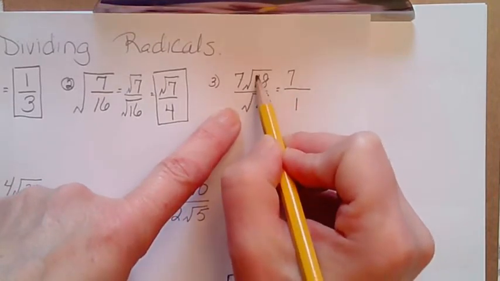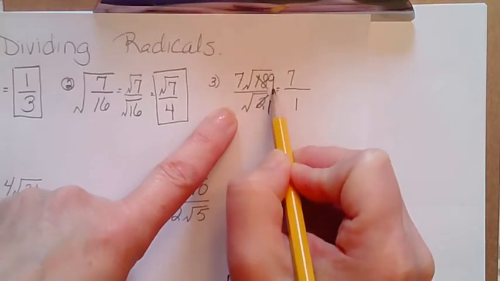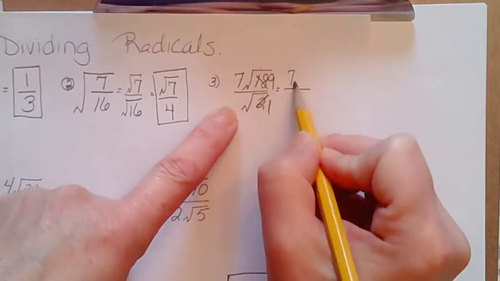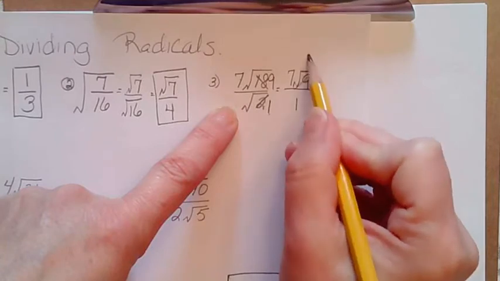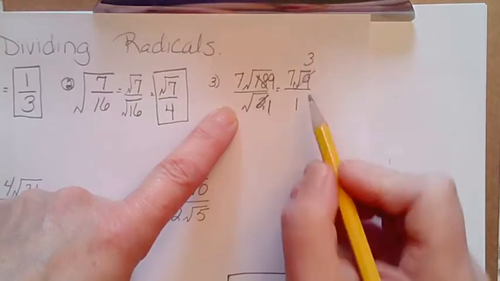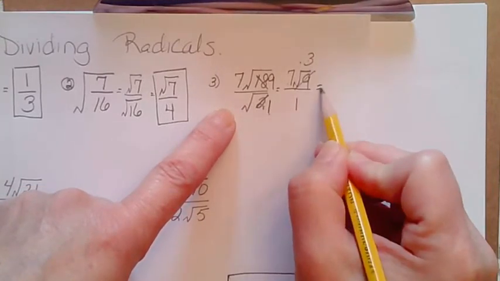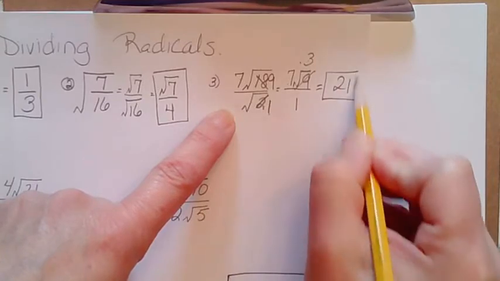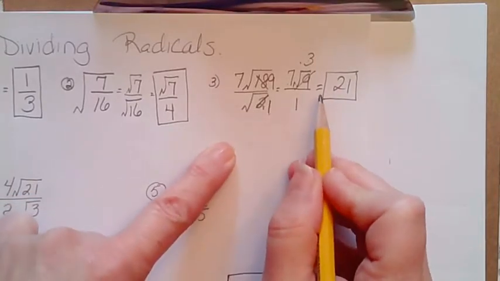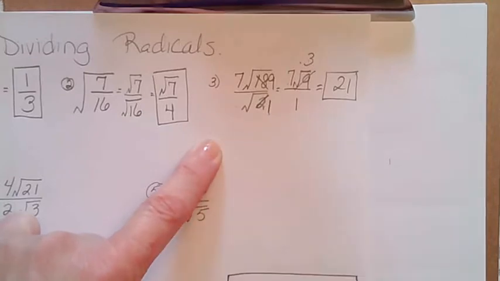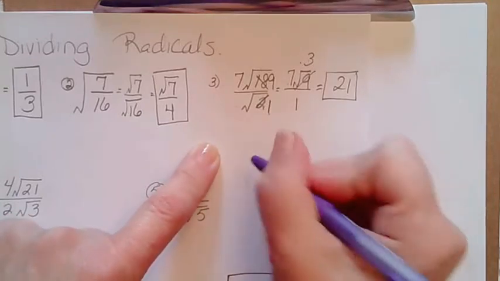And this becomes a 9 when you divide by 2. And the square root of 9 will become 3. 7 times 3 is 21. So this final answer is 21. That is one way that we can solve that problem.